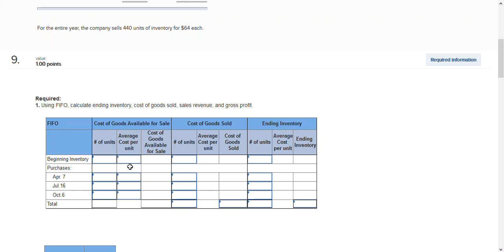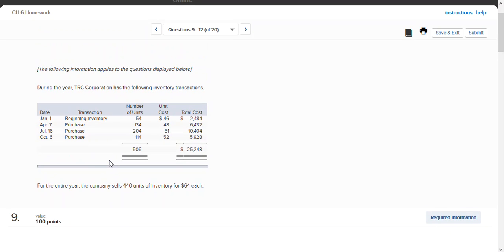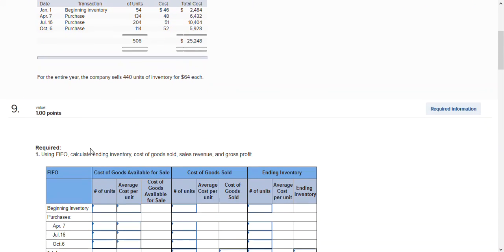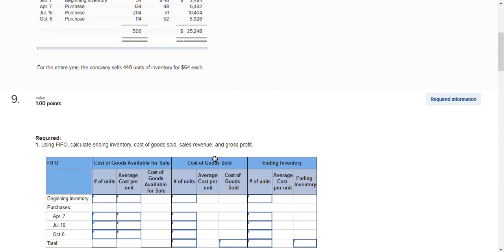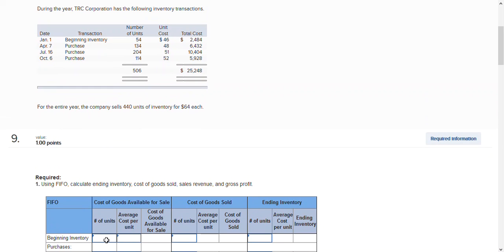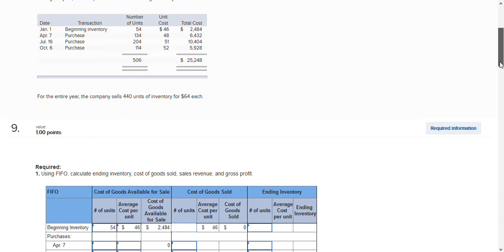For FIFO, we're going to calculate our cost of goods available for sale. To do that, we're going to take our amounts here and just transfer them down. So we've got beginning inventory, 54 units. Our cost per unit was $46, and it calculates our cost of goods available for sale.